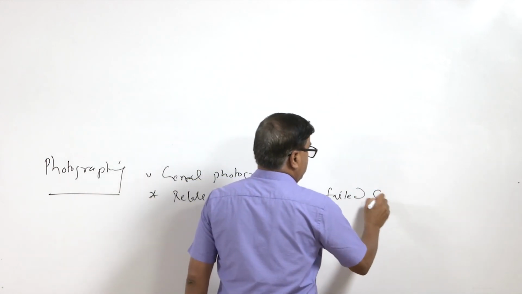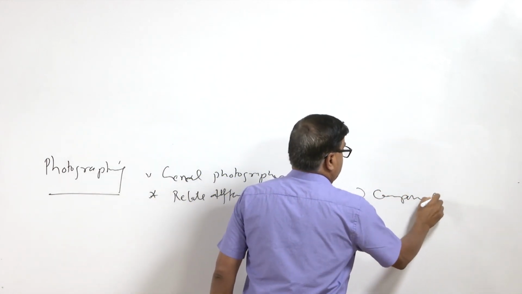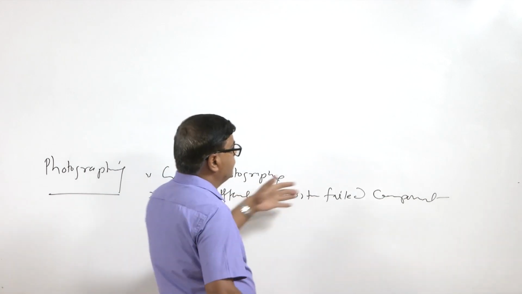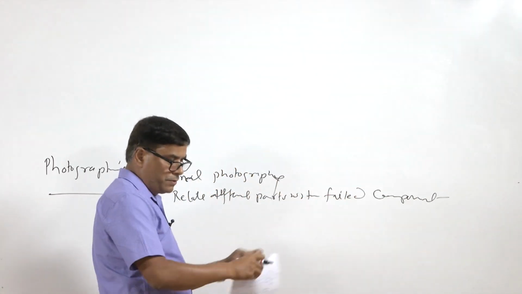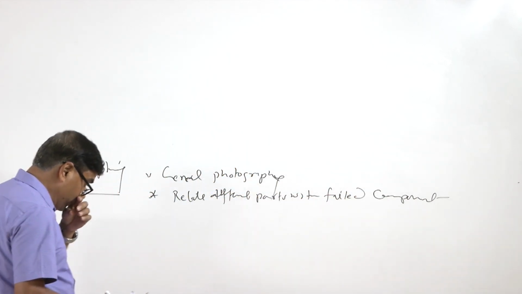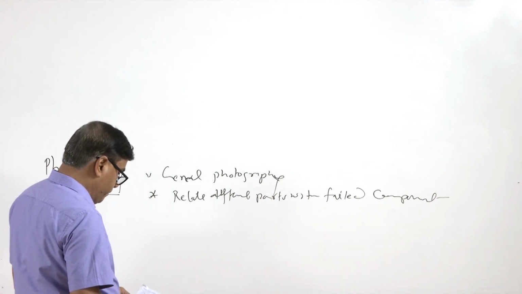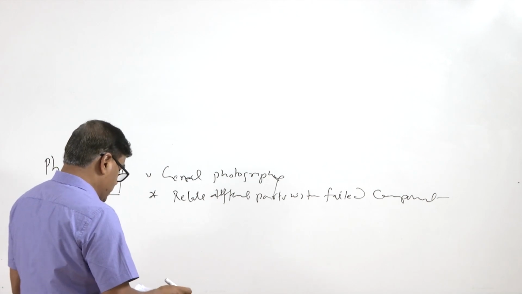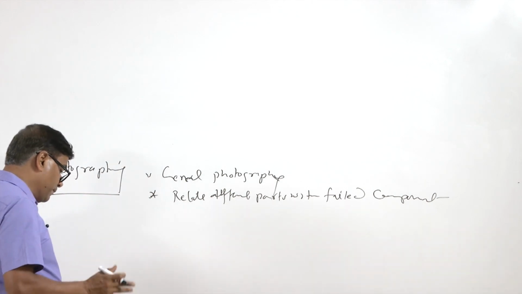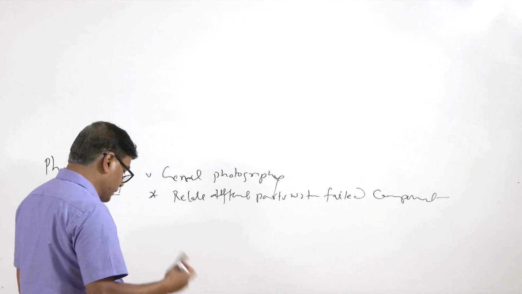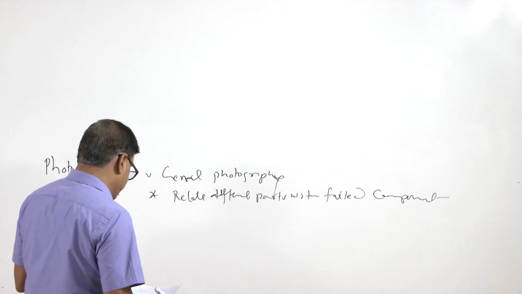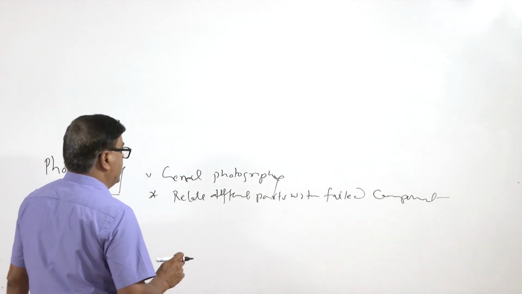So, this is the second aspect. With the help of the photographs, efforts are made to relate the different fragments and failed components with the main component. How the fractured parts are related to the main component is what we try to establish.